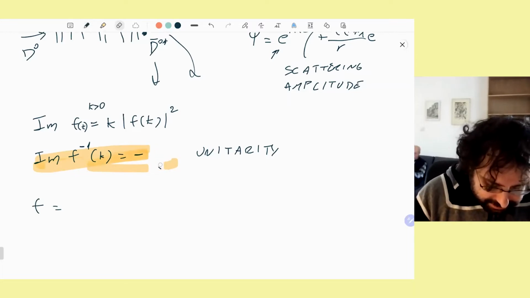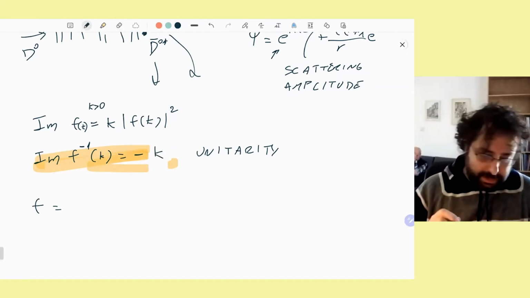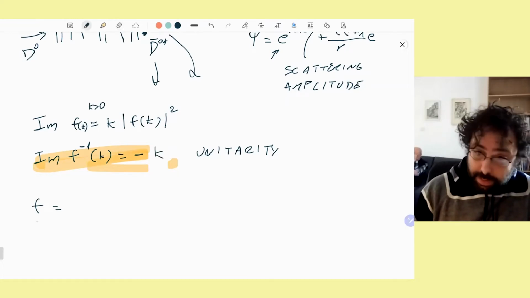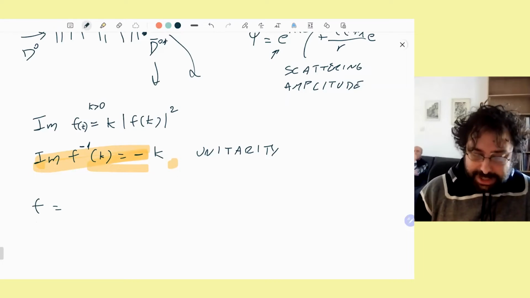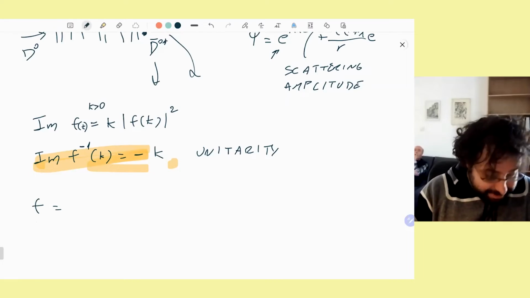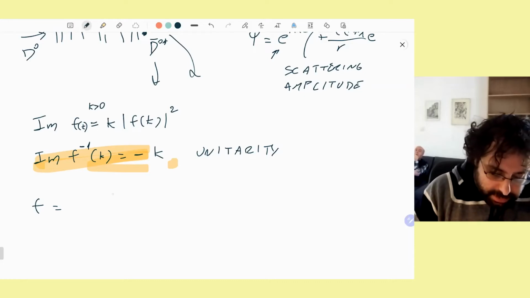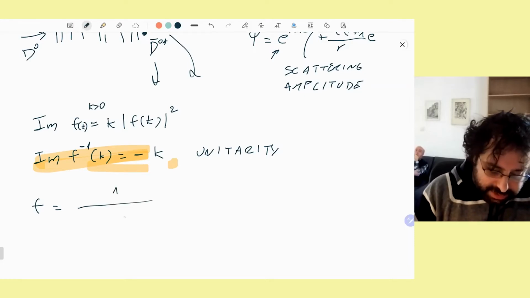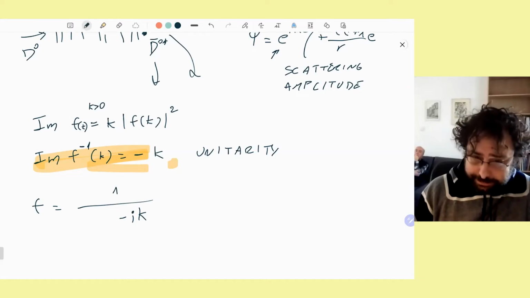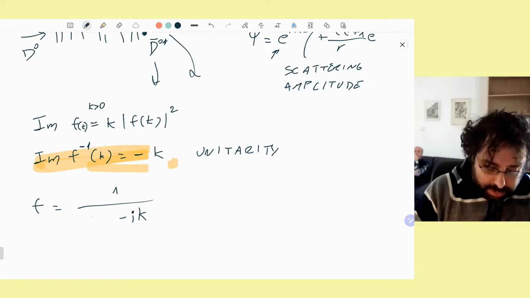This is just K. I know that the imaginary part of the inverse of the amplitude must be this factor here. So I can just write something like this. And whatever I put here is basically all the rest.